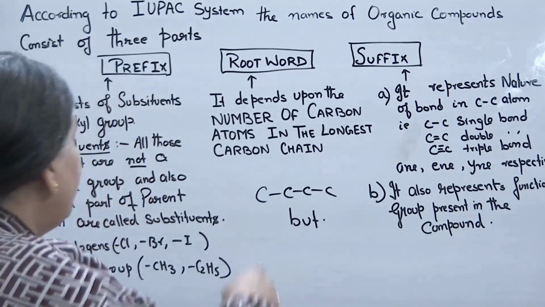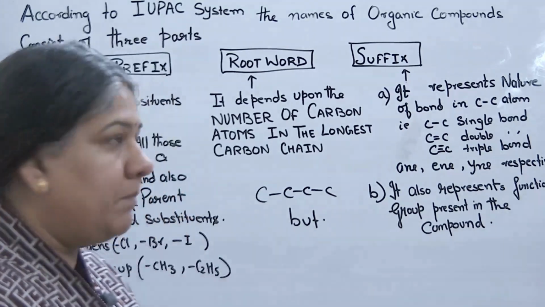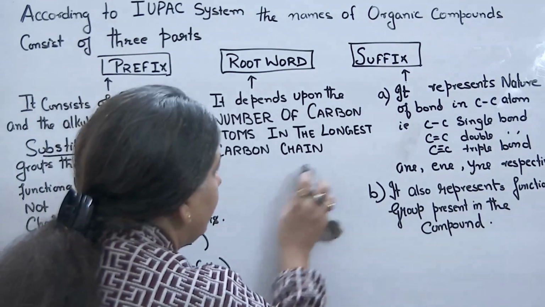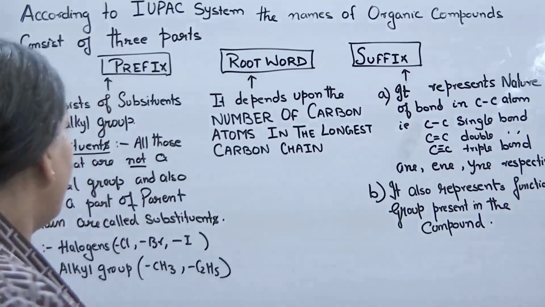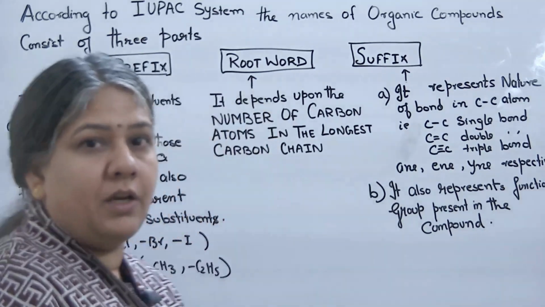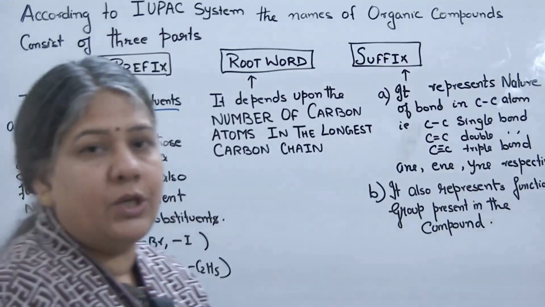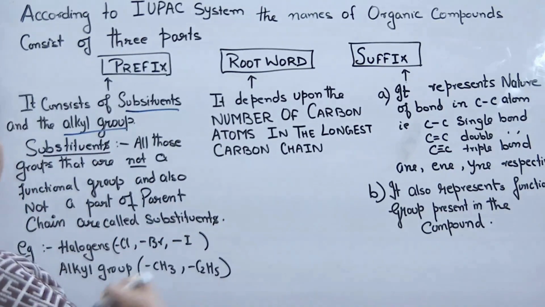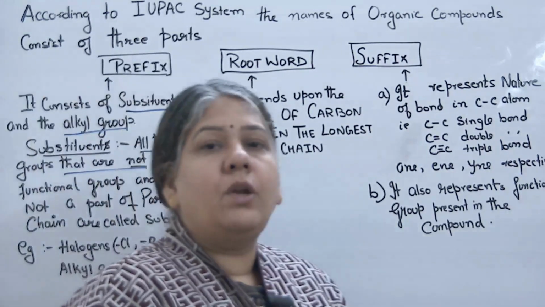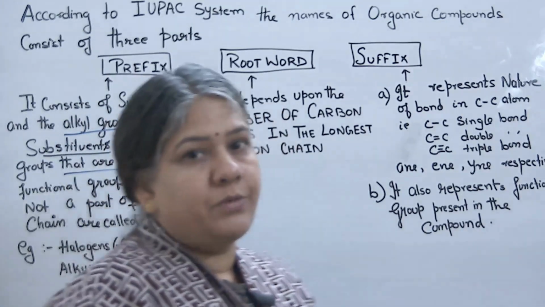Okay. Now the prefix part, I'll explain in detail by taking various examples. First, we'll just read how the name is written. See, the prefix consists of the substituent and the alkyl group that are present in the compound. So now the thing is, what is a substituent? See, all those groups that are not functional groups and also not part of the parent chain are called substituents.